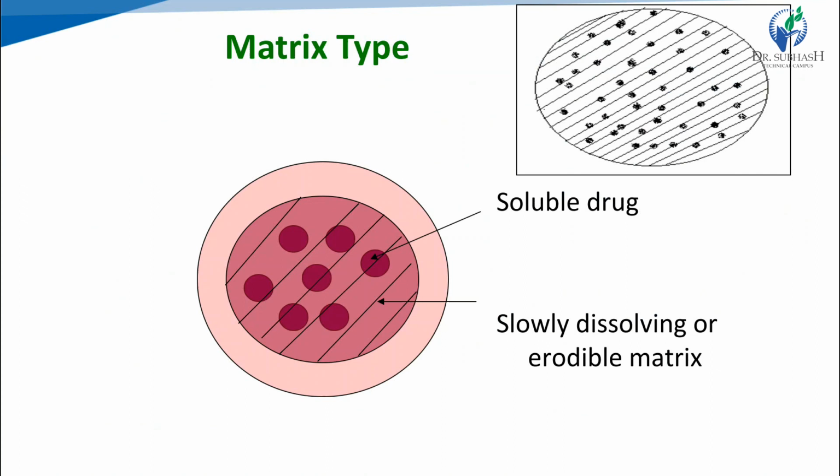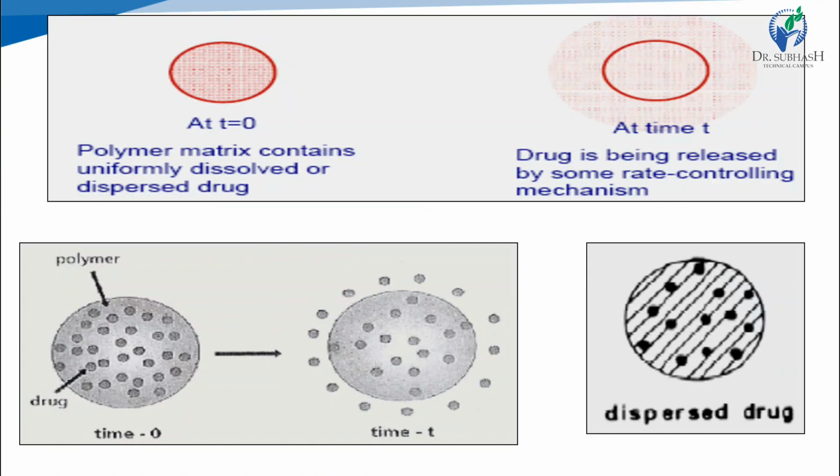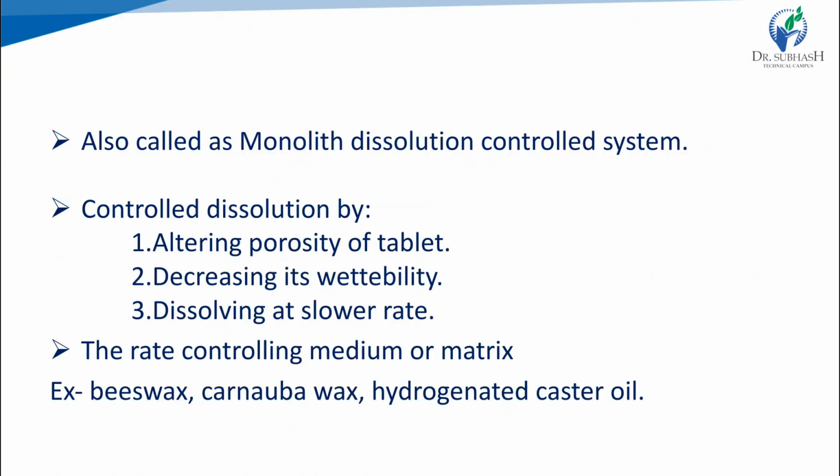The second type is the matrix type. In it the drug and the polymer are homogeneously distributed throughout the matrix. The soluble drug is in the center part within a slowly dissolving or erodible matrix. It is also called a monolithic type of system or monolithic dissolution control system.